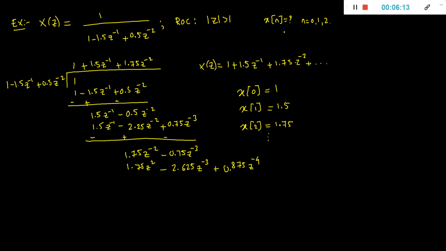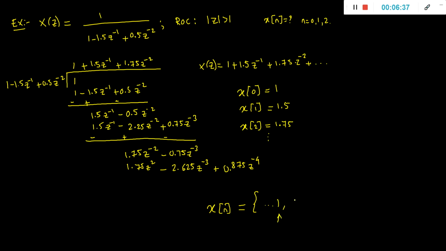Since the problem asks us to find only the first three numbers, we have done so. If I write it comprehensively, x(n) is equal to dot dot dot, then we have the value 1 at n equal to 0. So this is the value at the origin.